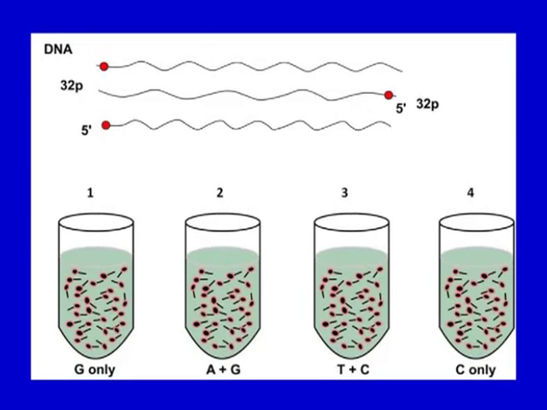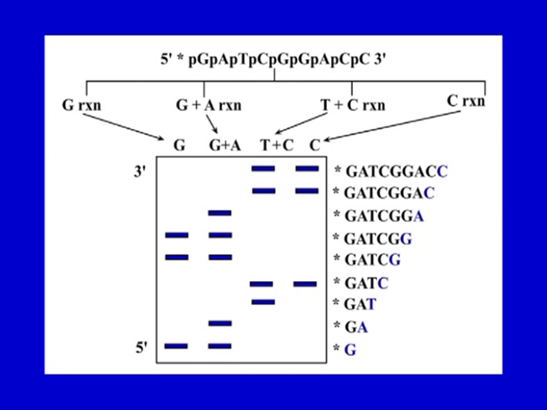So, if you can see on your screen, this is the basic strategy. First thing is you convert it to single stranded DNA, mostly here single stranded DNA is used in the Maxam and Gilbert method. Then it is labeled at the 5 prime end, and 4 tubes that contain 4 reactions, that is to cleave at base G, or A or G, T and C, and base C, will be performed as we have discussed, and then finally it will be run on the electrophoresis.